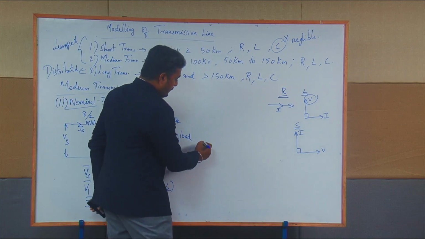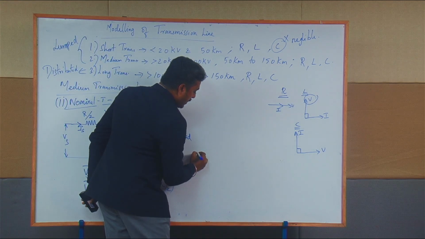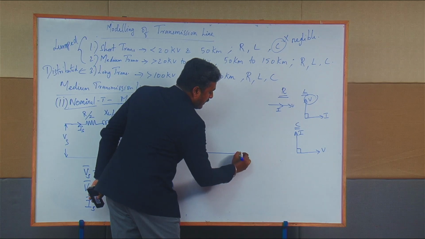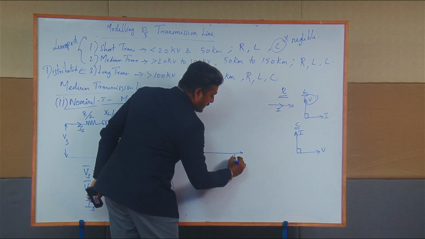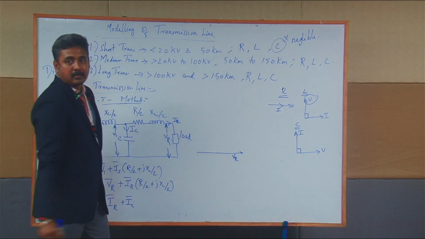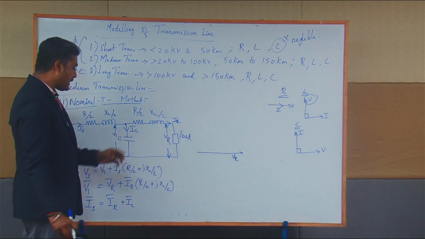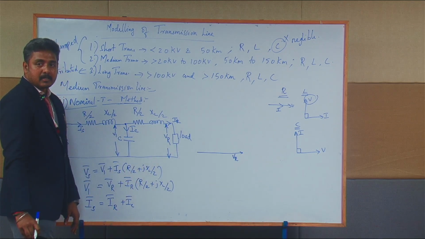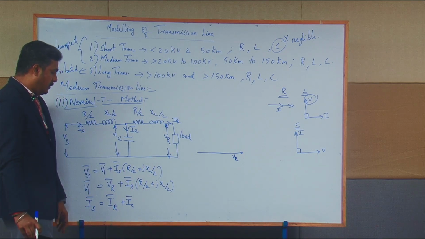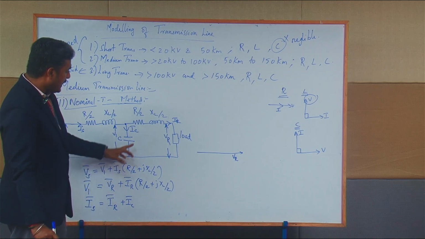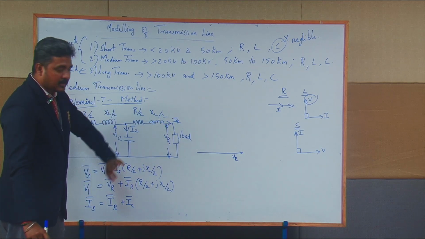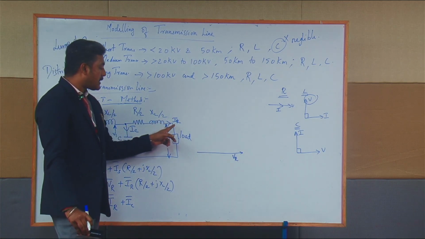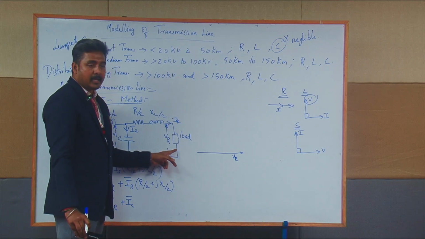Whenever you draw the phasor diagram, the first point is to take the reference vector, and again I am taking the reference vector as the VR vector. Now I have drawn the VR vector at 0 degree, which is the reference vector, and I am going to draw the IR vector. IR vector is the current flowing towards the load.